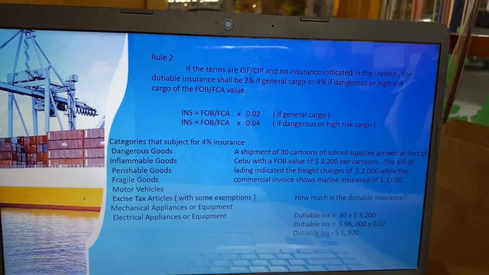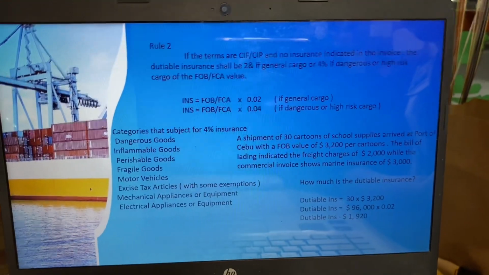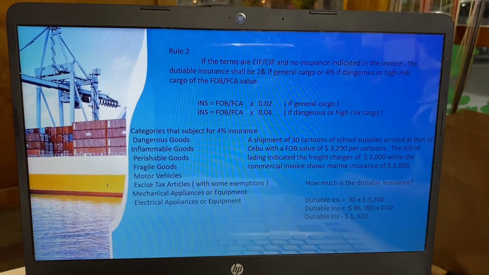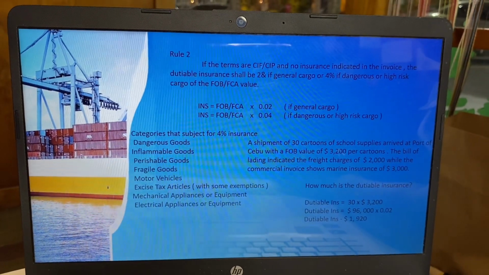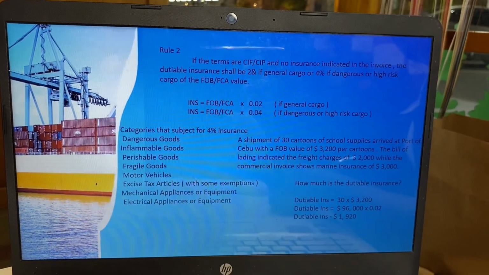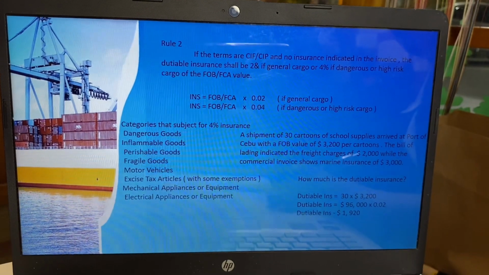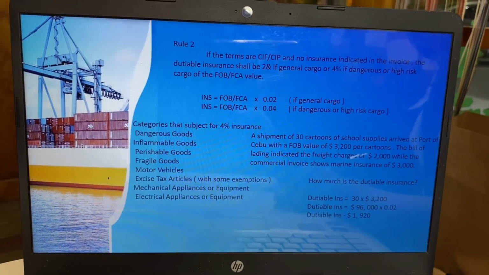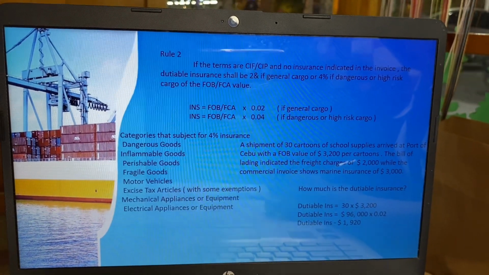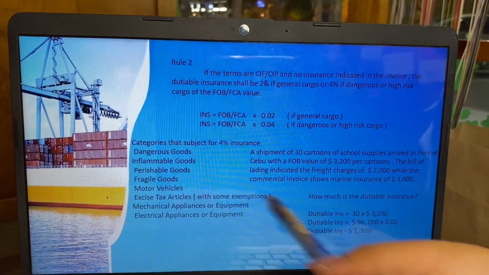On the rule number 2 example, we have a shipment of 30 cartons of school supplies arrived at Port of Cebu with a FOB value of $3,200 per carton. The bill of lading indicated freight charges of $2,000, while the commercial invoice shows marine insurance of $3,000. You just have to disregard the last sentence.